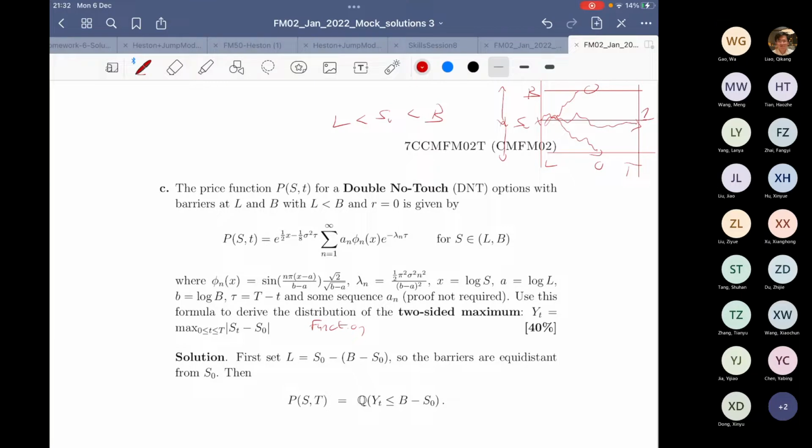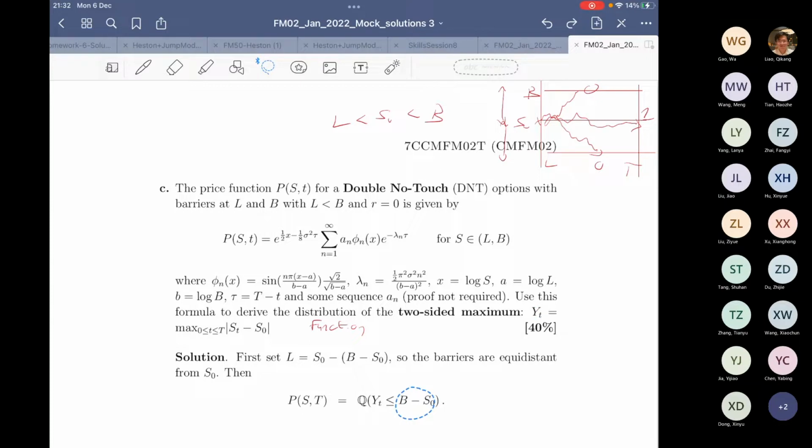In that case, we recognise that the price of the option, remembering I'm setting the interest rate to 0 as I often do, is just the probability that this two-sided maximum is less than or equal to B minus S0.